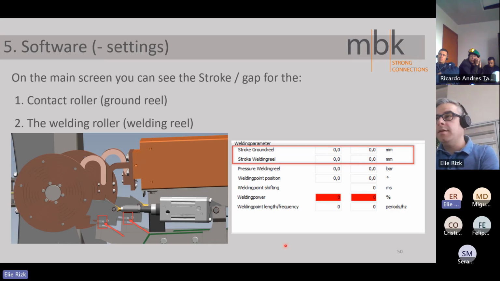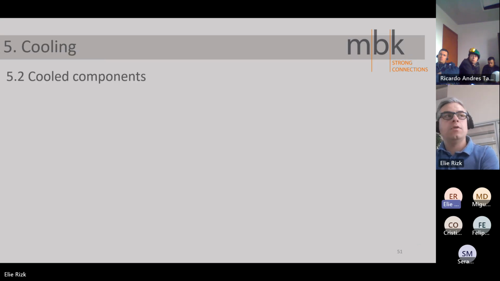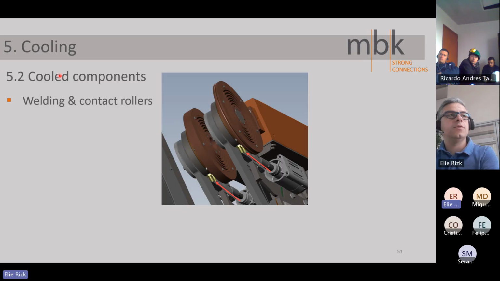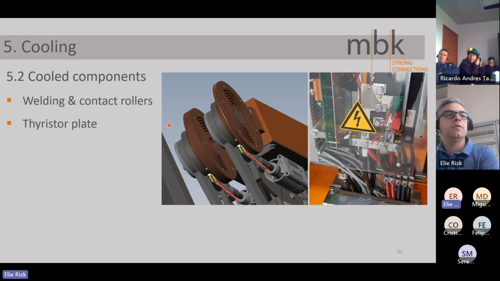The second thing which can also affect the welding is the cooling. When you have a very hot component and the water is not going well to cool down the equipment, then sooner or later you will face a problem.